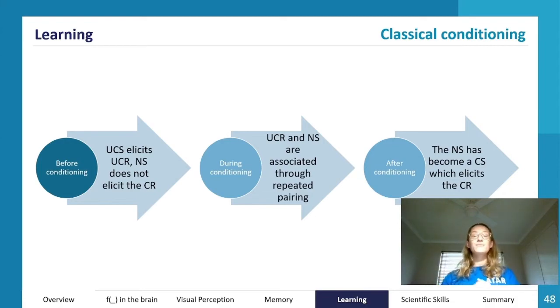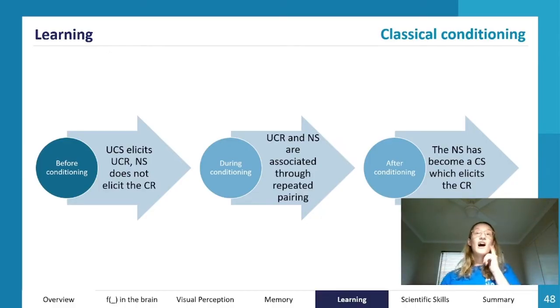Every time the dogs were given food, they heard a bell, and the food was what was making them drool. But the interesting change is that after conditioning, the neutral stimulus becomes a conditioned stimulus, which elicits a conditioned response. During conditioning, our food and our bell are paired, so the dogs given food drool, but they're also hearing a bell.